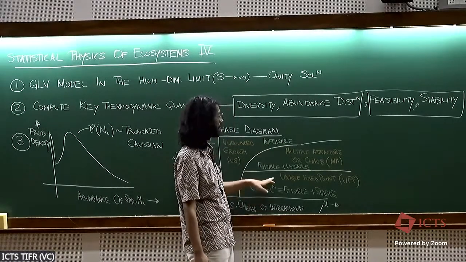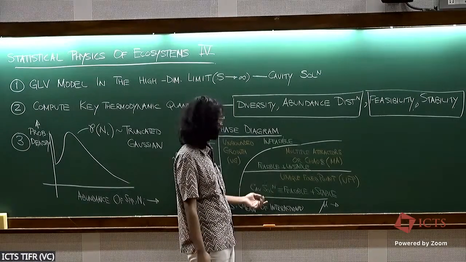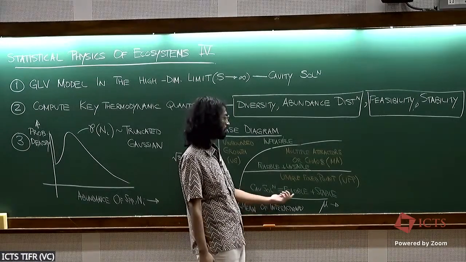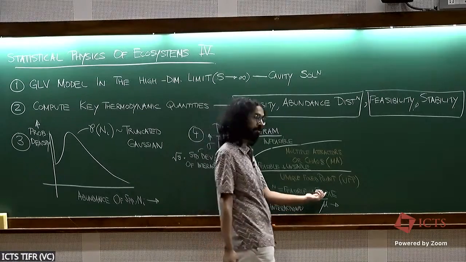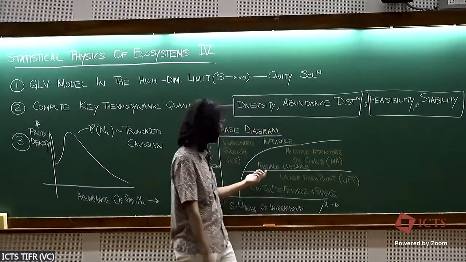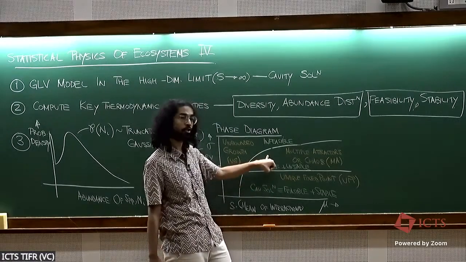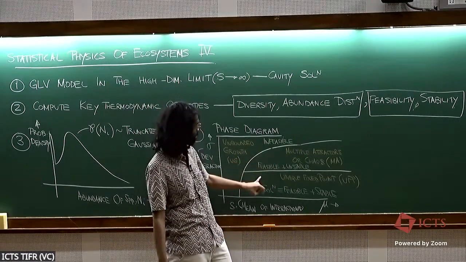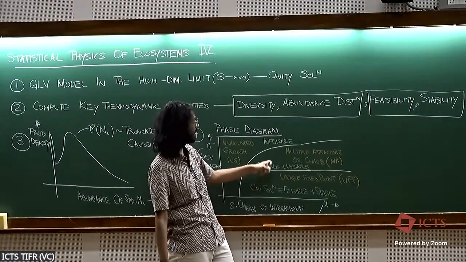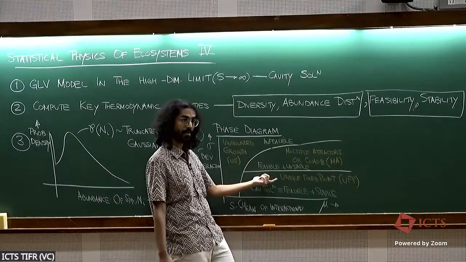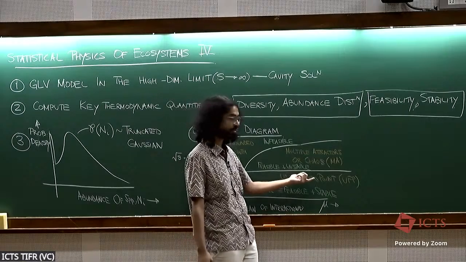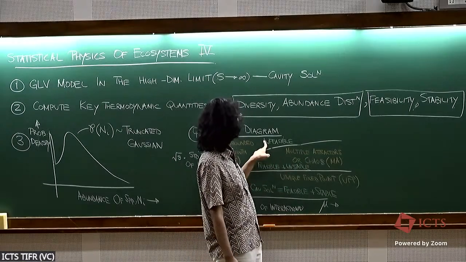So we'll see that the unique fixed point phase is characterized by the cavity solution being both feasible and stable. We'll see again what we mean by that. At some point, this first phase boundary is also going to be an instability boundary, because this is the boundary across which the cavity solution remains feasible but becomes unstable to perturbations. And then finally, you'll cross over to another phase.